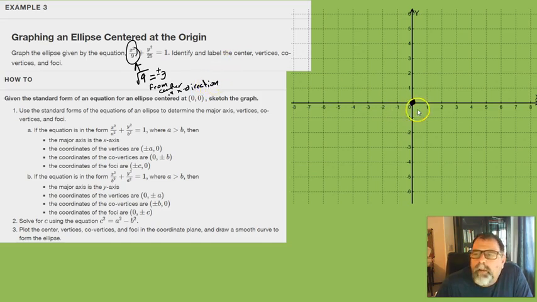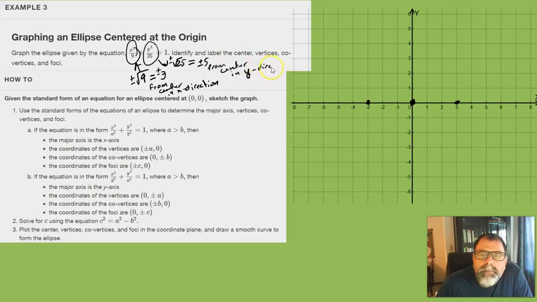Now, I'm not worried about whether this is the major axis or the minor axis. So I go plus 3, minus 3. Dot, dot. Then I do the same thing for y. Square root of 25 is plus or minus, technically it's plus 5, but I'm going to do plus or minus that. Plus or minus 5 from the center, since it's under y, in the y direction.